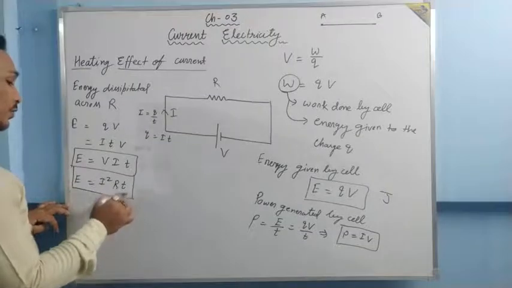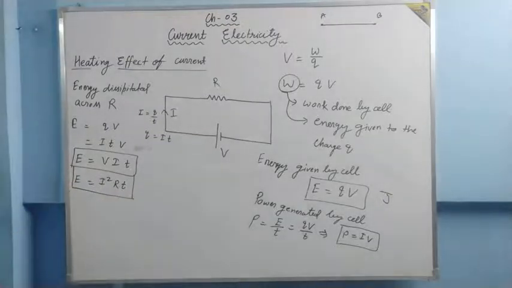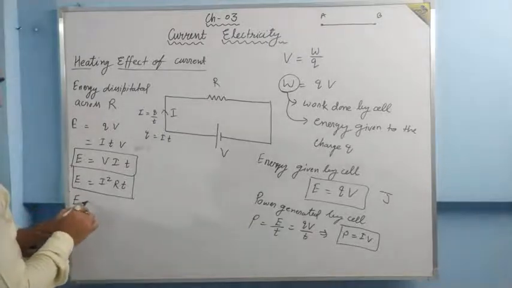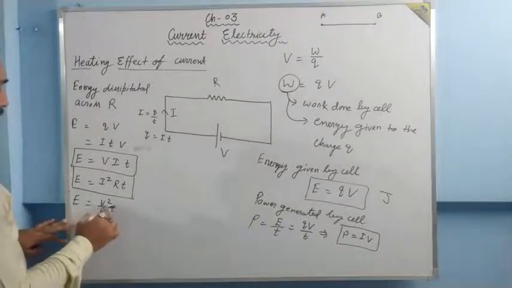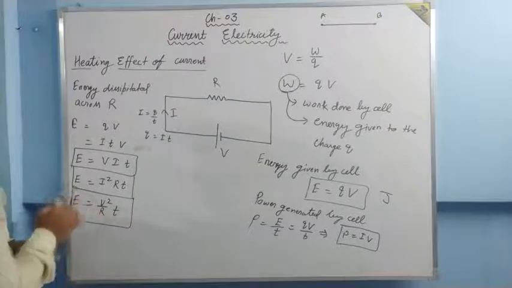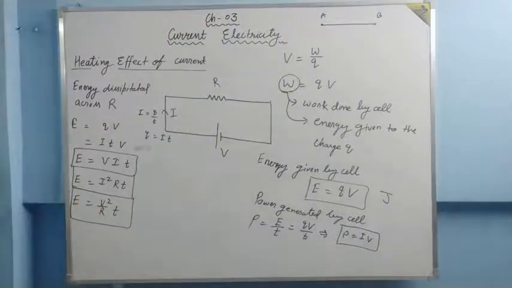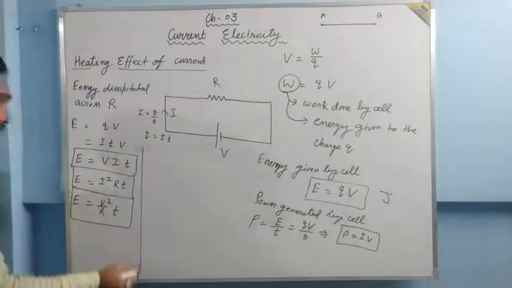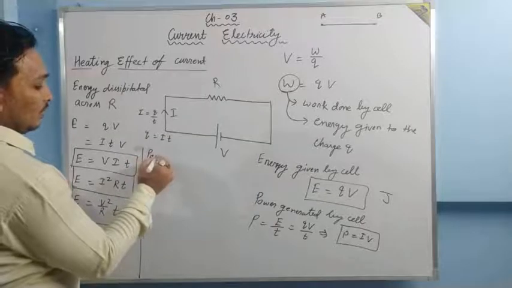This is the energy dissipated across the resistance. In place of I, if you put V upon R, the energy dissipated will be V square by R into T. In an ideal situation, whatever energy the cell is supplying, the whole energy is dissipated across R. What is the power dissipated across R?